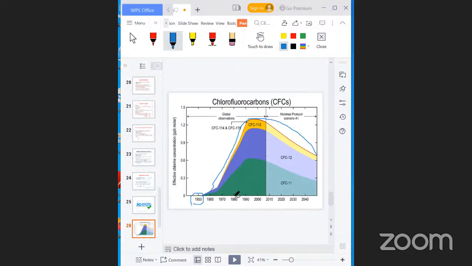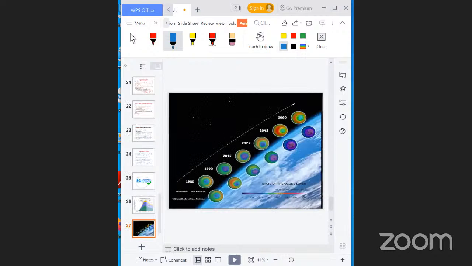From 1980 to 2005 or 6, CFC 113 is very high here, right? Those have decreased in the atmosphere. So we are now starting to see the first sign of the ozone layer beginning to heal, right? See this one.